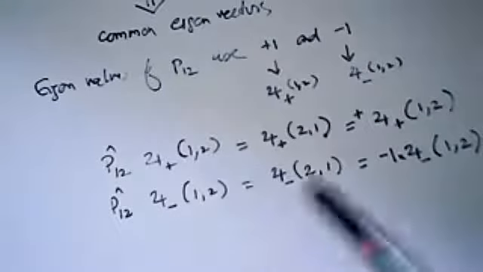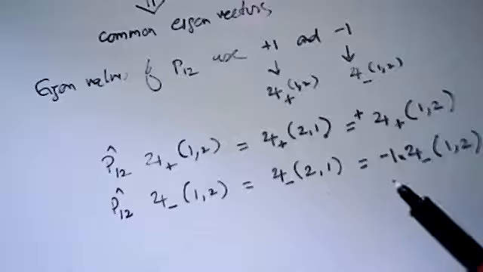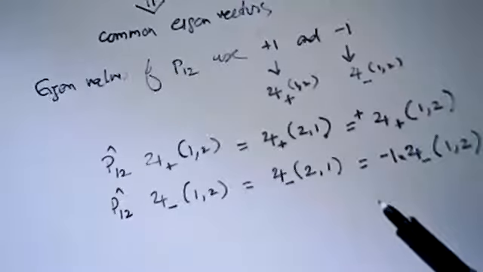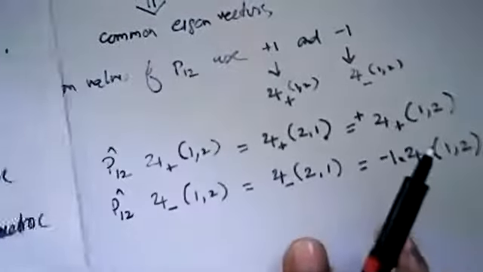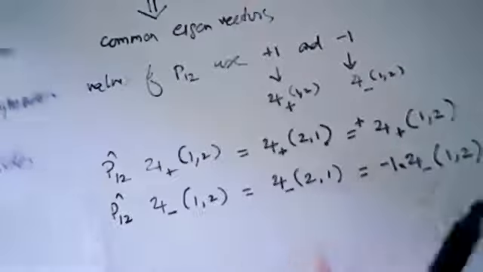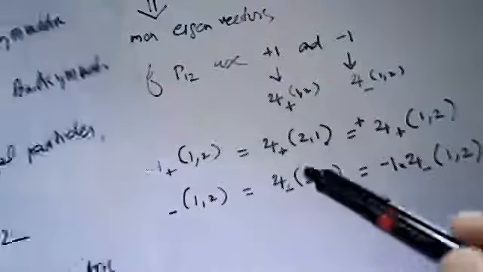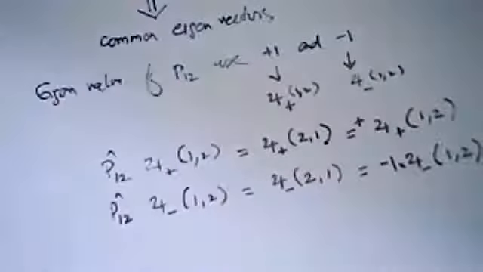Now you can compare these results with our earlier psi s and psi a. These are our earlier results, and you can see that these two satisfy our above equations.